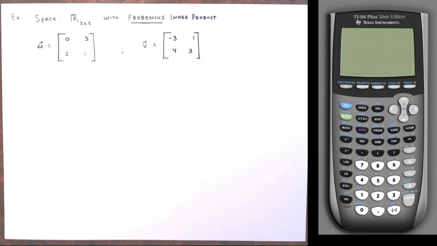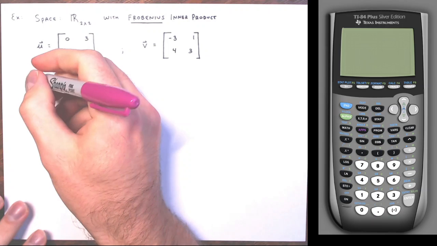You can't really draw a picture unless you change these things to coordinates relative to the standard basis. Then you'd be basically in R4, but even then you couldn't really picture it very well because R4 is four-dimensional space. But still the same concept holds. I'm going to be projecting one vector onto another. It's just that those vectors are matrices now. But the same rule holds.